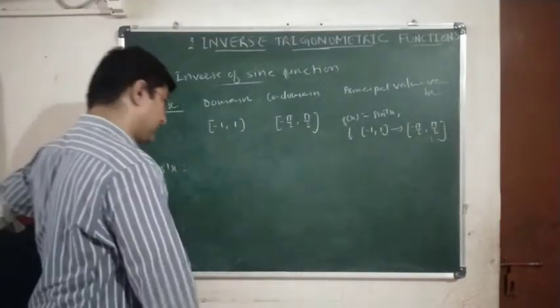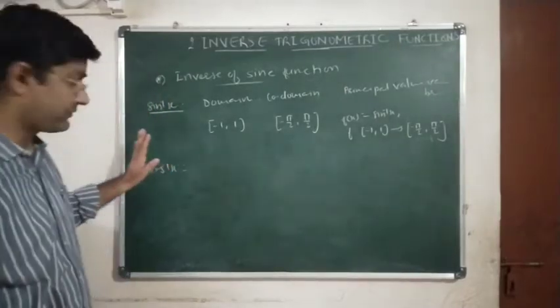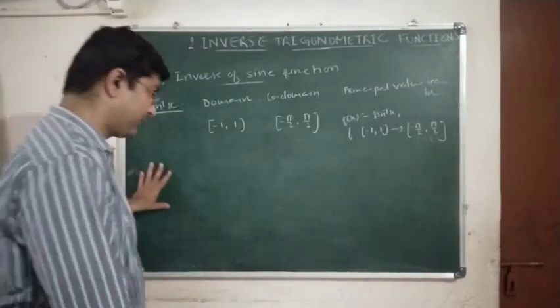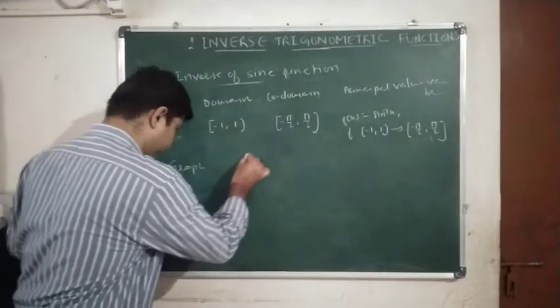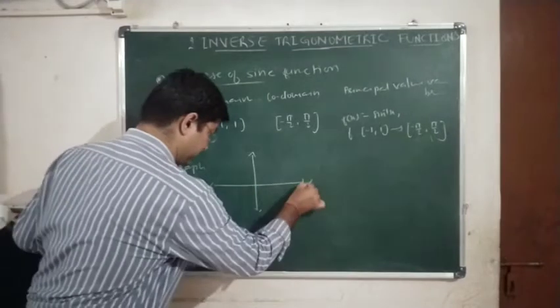Similarly for cos inverse x. Graphs we have already seen for sine inverse, so let me show the graph for the sine inverse function once again so that you can notice.